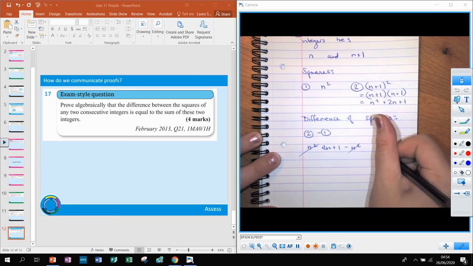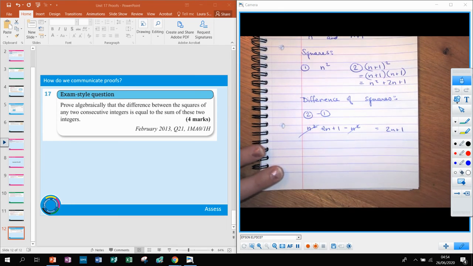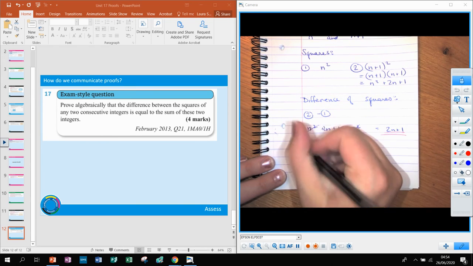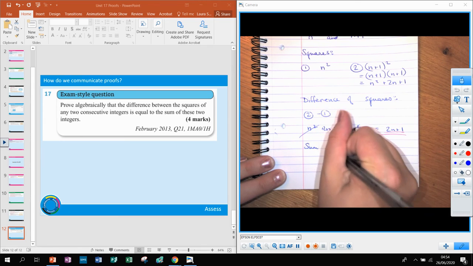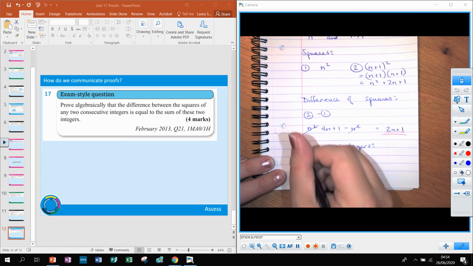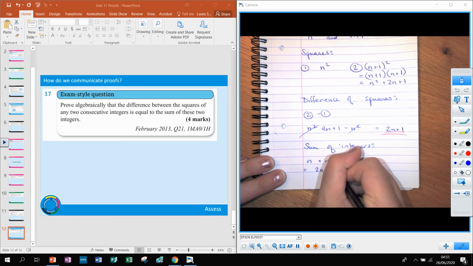Those go away, leaving us with 2n plus 1. Okay, now the second bit of the question said that we wanted to show that this here that we just found is equal to the sum of those two integers. Okay, so that's the last thing we're finding is the sum of the integers. Okay, which is n plus n plus 1, or 2n plus 1.